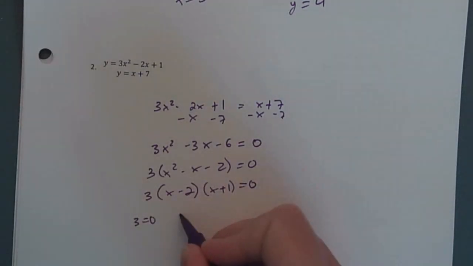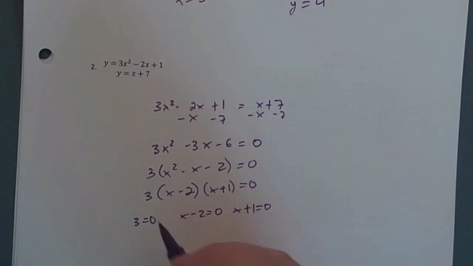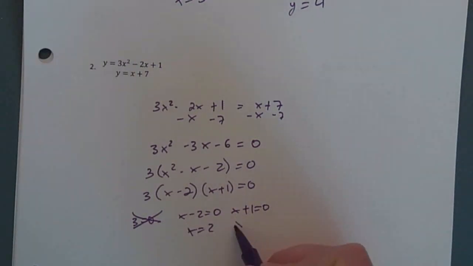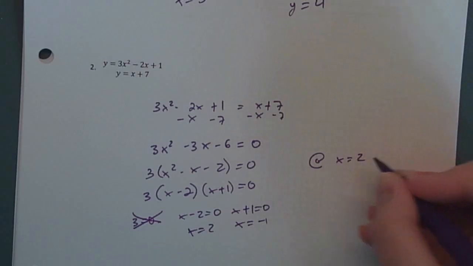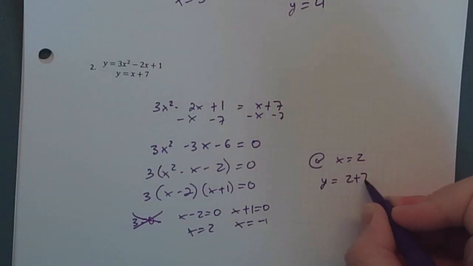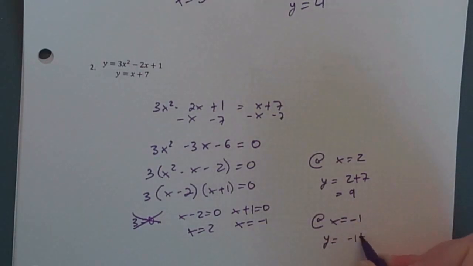Put everything equal to 0. 3 doesn't equal 0, so that one's out. We get x equals 2 and x equals negative 1. Finding the y values, when x is 2, y is going to be 9. And when x equals negative 1, y is going to be 6.